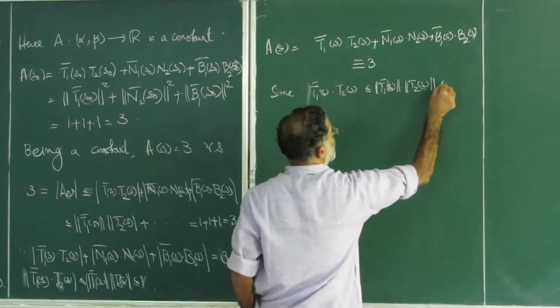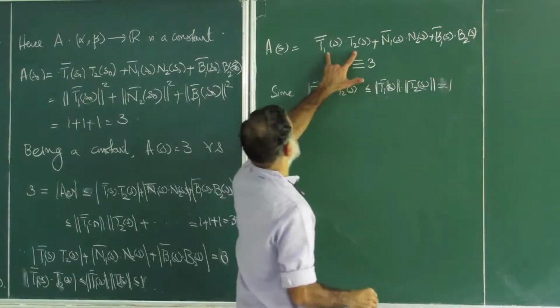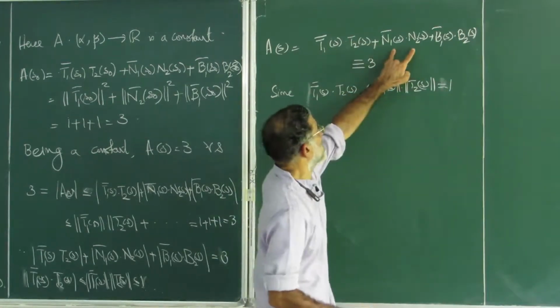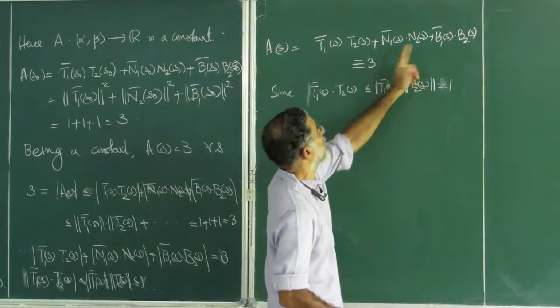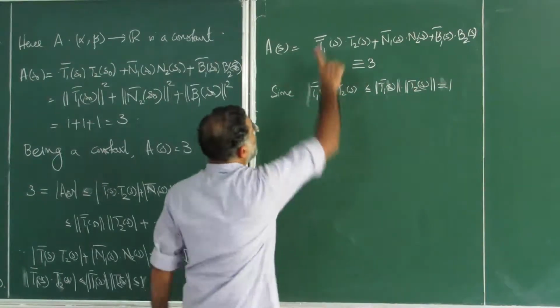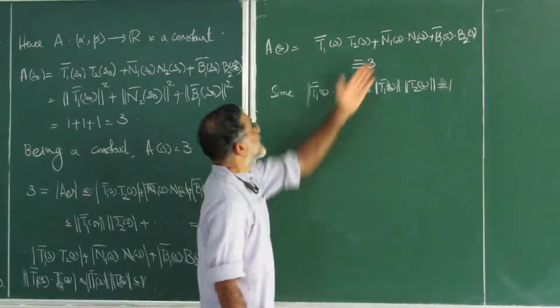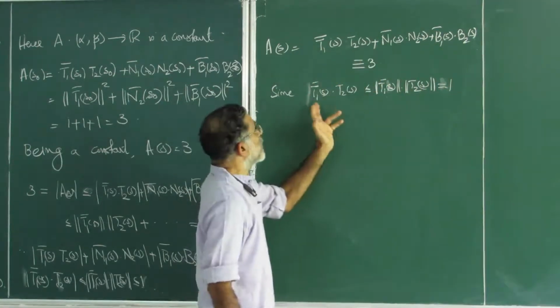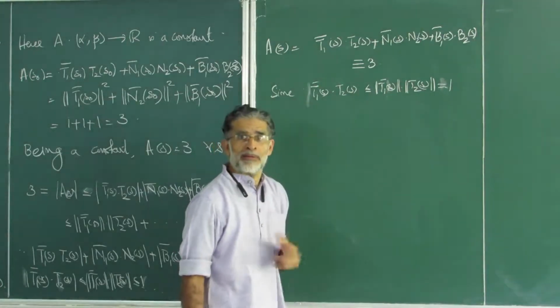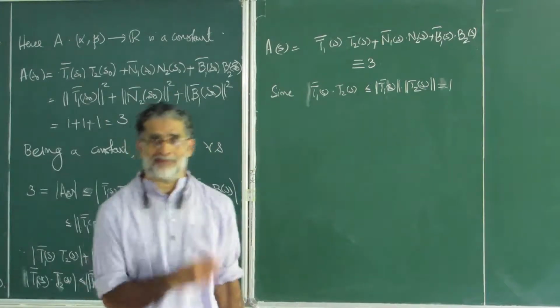So this is going to be 1. So this number is less than or equal to 1. Same way this is less than or equal to 1 because these are also normal vectors. This is also less than or equal to 1. That means the sum has to be less than or equal to 3, but it is equal to 3. And therefore, each of them has to be equal to 1. There is no other choice. Not only the modulus, the number itself has to be 1.